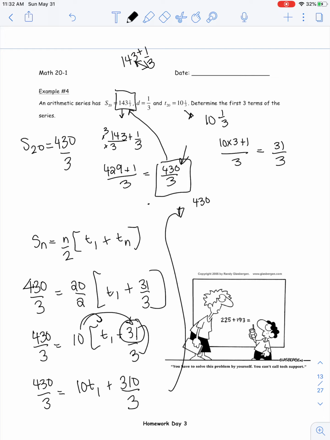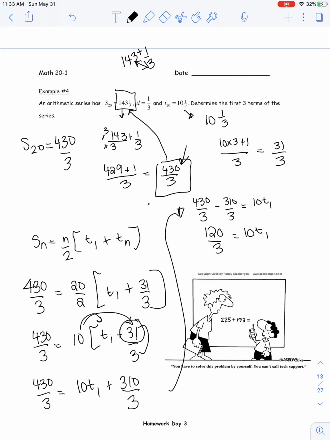Continuing on, we have 430 over 3 equals, we're going to have to subtract both sides by 310 over 3. Now, whenever we subtract or add fractions, we need common denominators. So we're going to just subtract the numerators together because they are common and get that this is 120 over 3, which is 10t1.